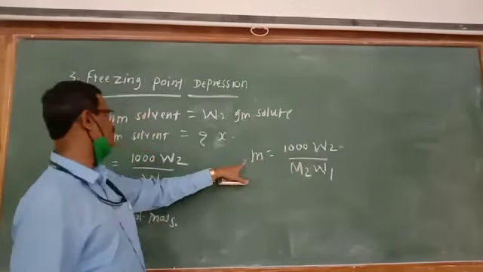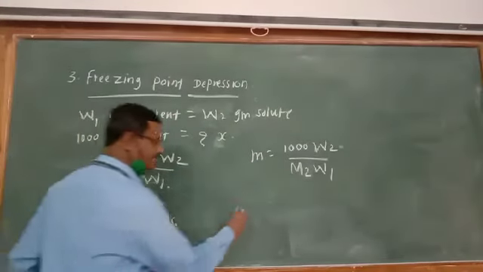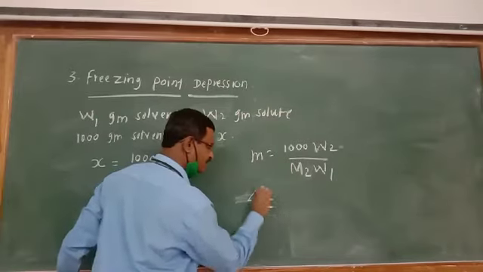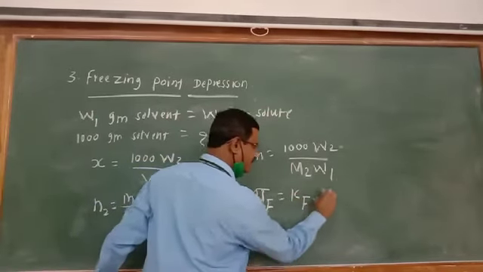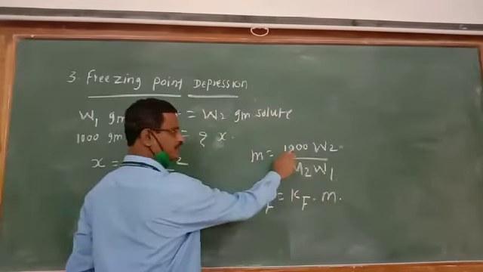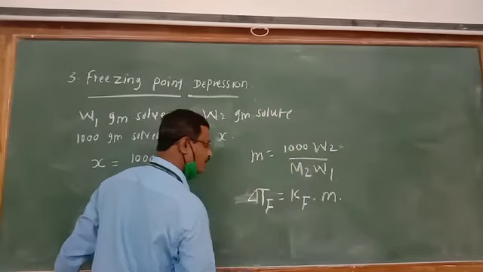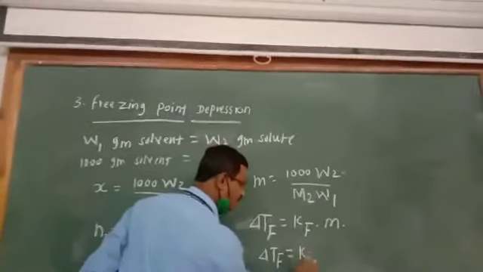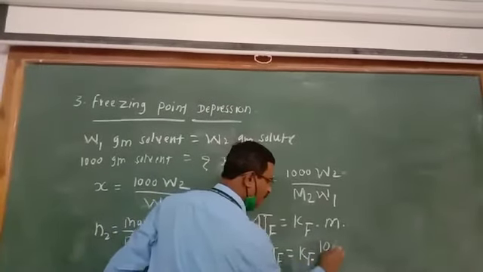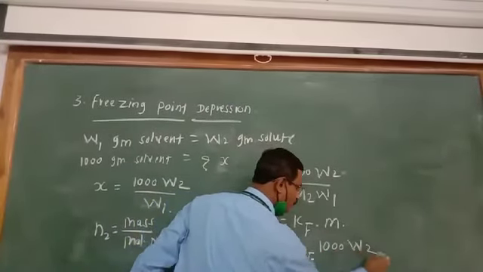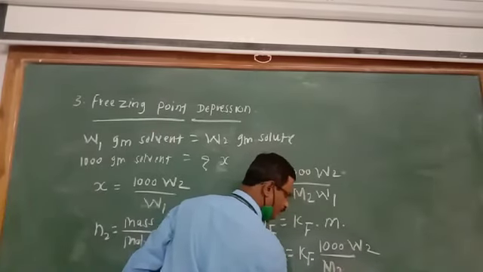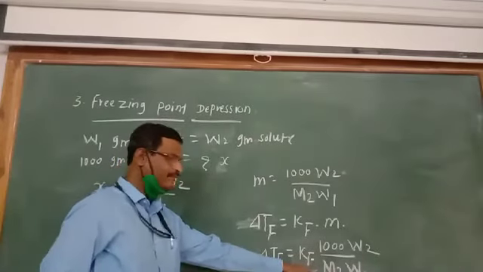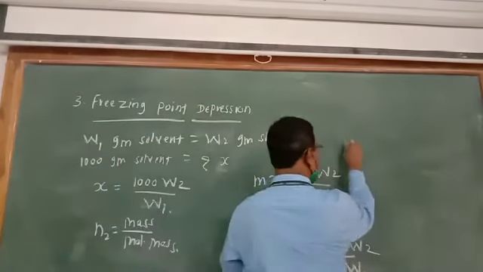Substituting in that equation, finally we know that delta Tf will be equal to Kf into m. Substituting this value, we will get the final equation: delta Tf is equal to Kf into 1000 W2 divided by M2 into W1, and this equation can be written for M2 as final equation.